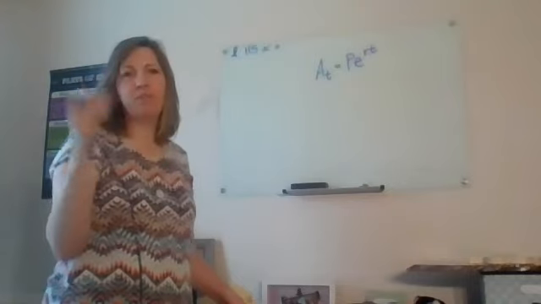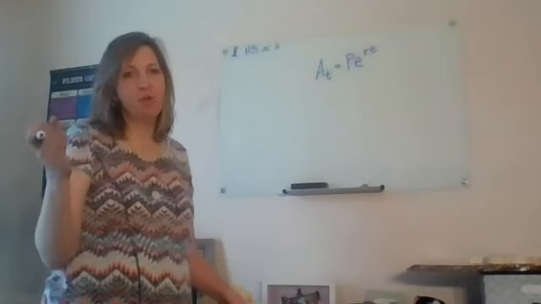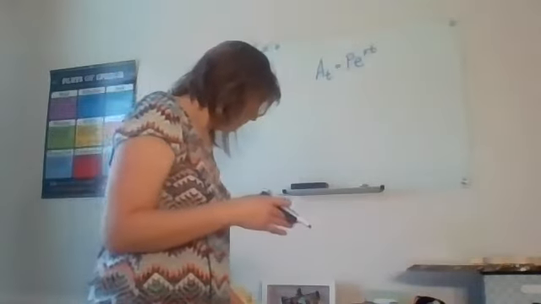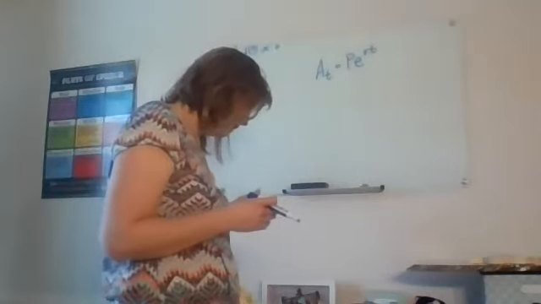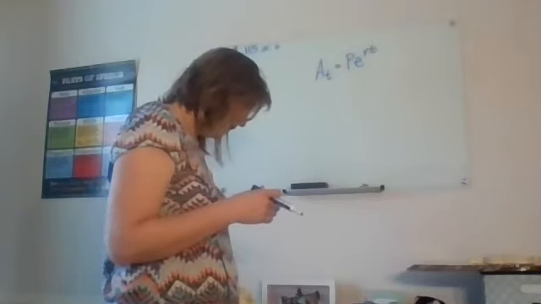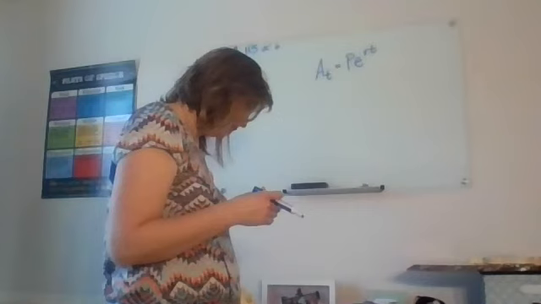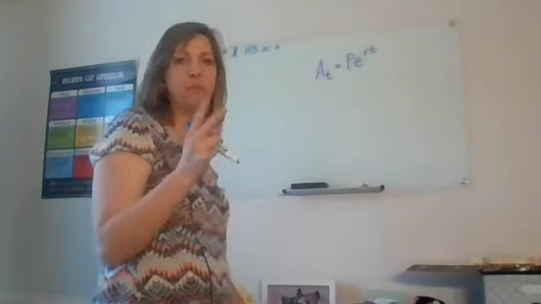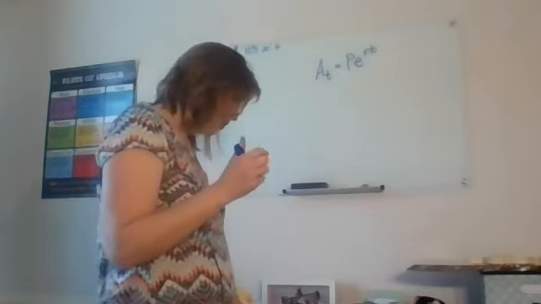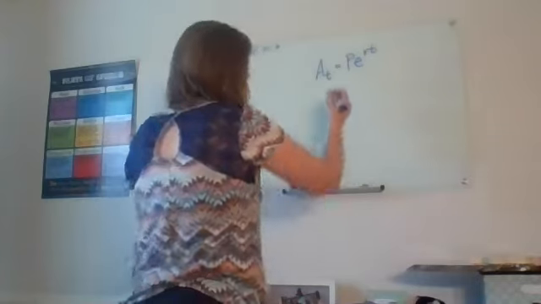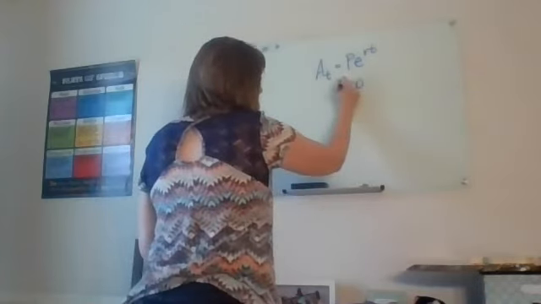So we're trying to figure out how much would be in 10 years, but we don't know the rate. So what I have to do is solve in terms of what I do know to figure out what that rate was. And then once I know the rate, I can plug it in to solve for what it will be in 10 years. So again, this one's a two-step, and your book has an example of this, so make sure that you follow that. So it told us that we started out with 400 rabbits, right?